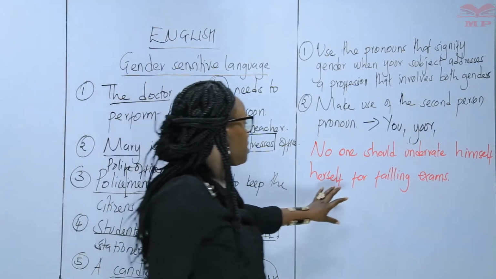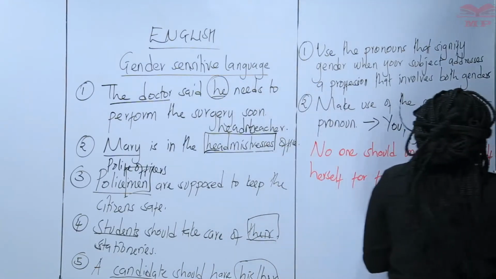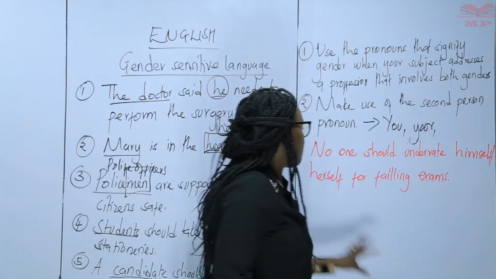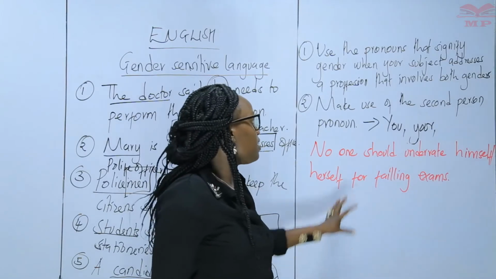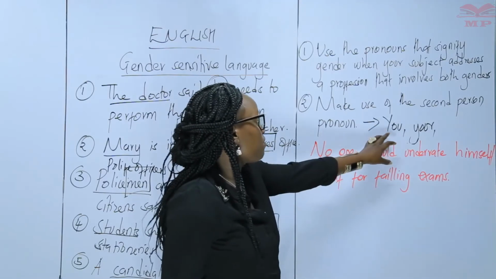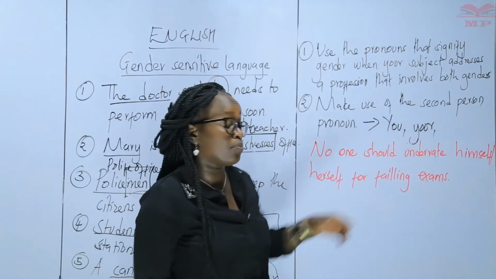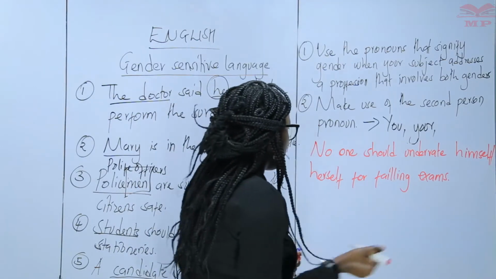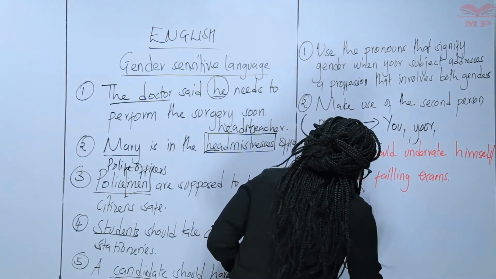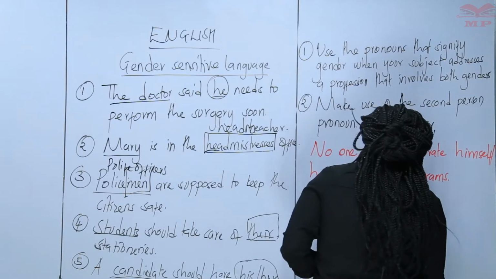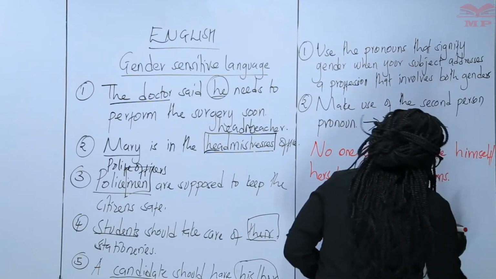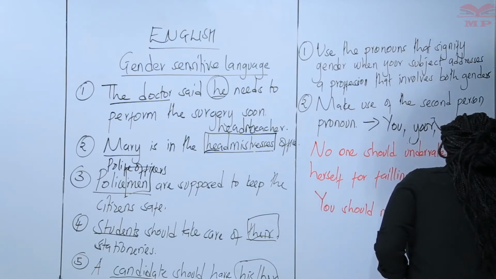So as much as this sentence we would say that it's actually gender sensitive because you've used himself and herself to represent the two genders that we have, the sentence would communicate better if you'd actually make use of the second person pronouns, and then the sentence changes to be you should not underrate yourselves.